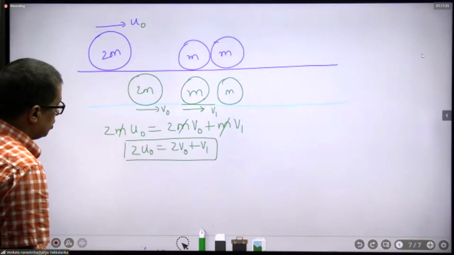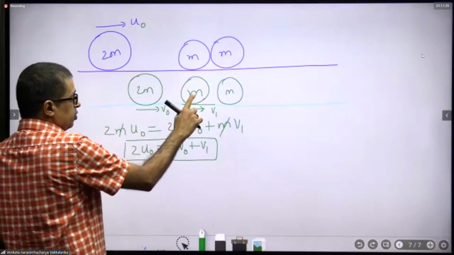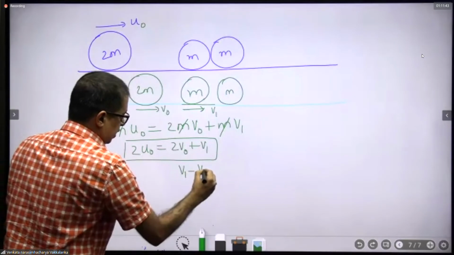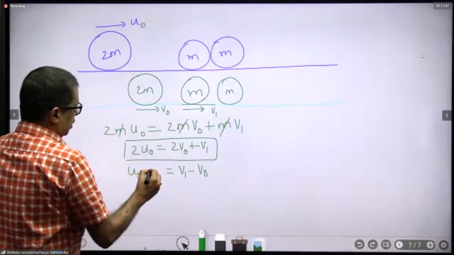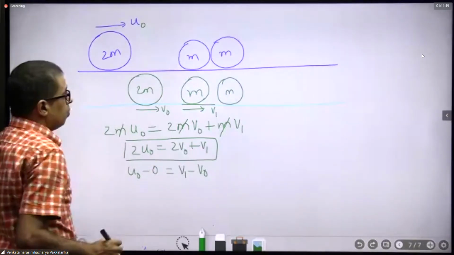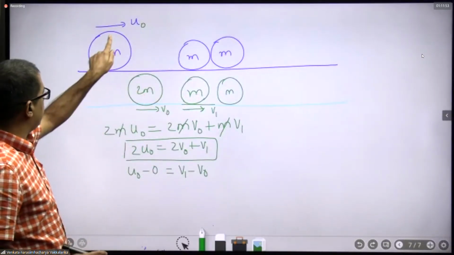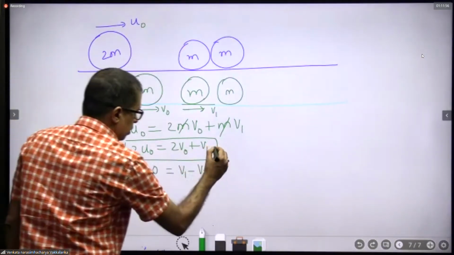Do you agree with this? Small e is this velocity minus this velocity: v1 minus v naught is equal to u naught minus 0, this velocity minus this velocity upon this velocity minus this velocity. Equation 1, equation 2.